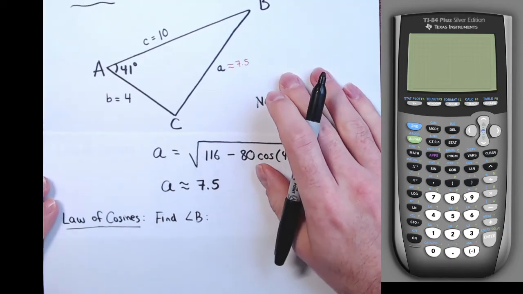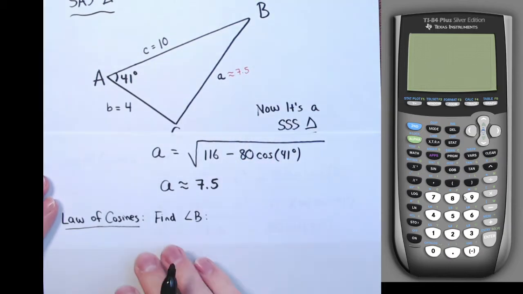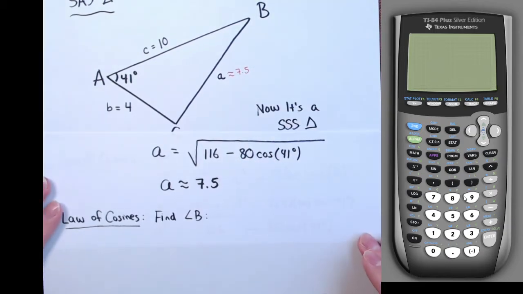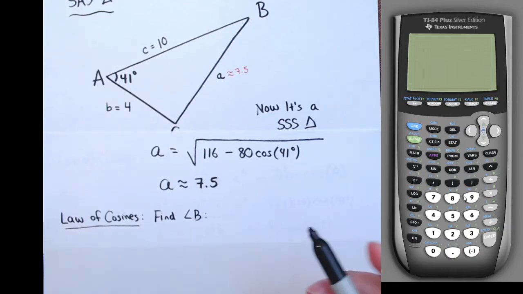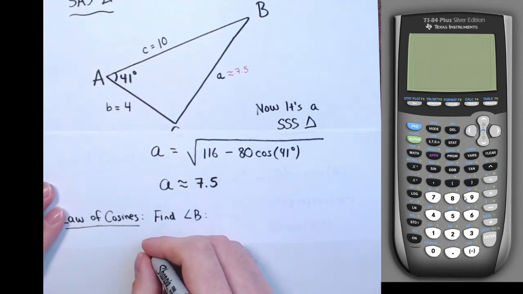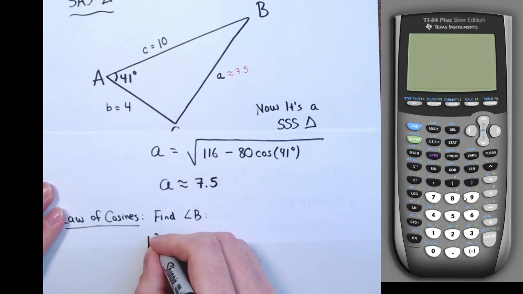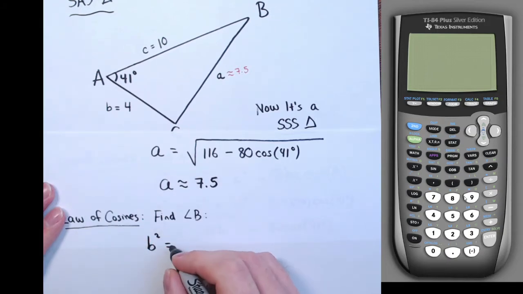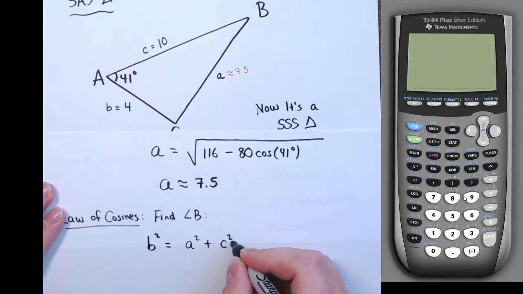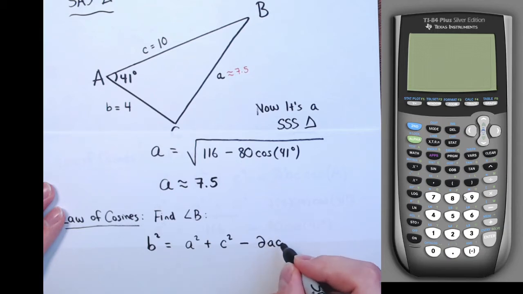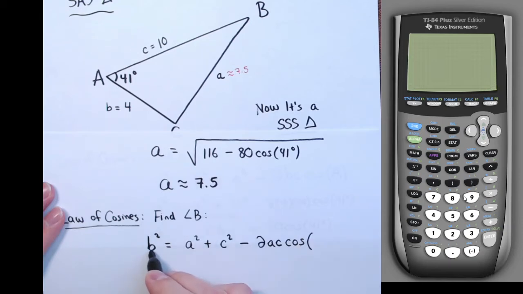So if I'm finding angle B, I want to use the version of the law of cosines that has the cosine of angle B in it. And if I have the cosine of angle B on one side, on the other side I'm going to have little b squared. So I'm using this version. Little b squared will be equal to the sum of the other two squares, a squared plus c squared, but then minus 2 times a and c, these two sides, times the cosine of the angle opposite this side, angle B, the angle I'm trying to find.